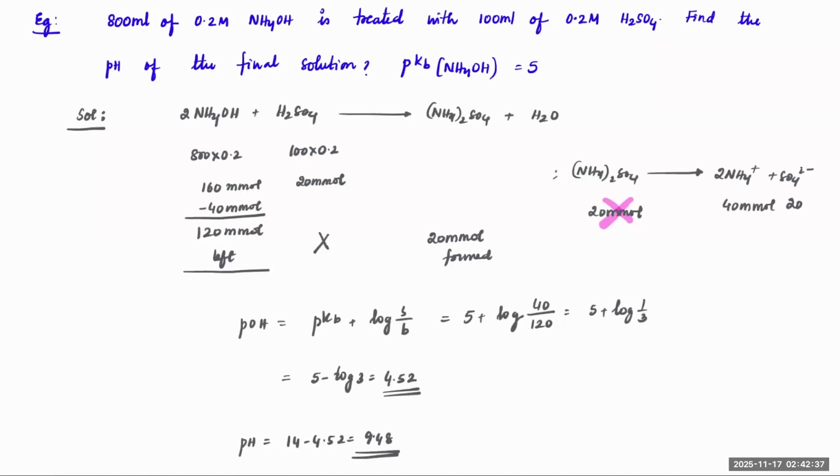These are very basic questions which you need to know how to solve, buffer solution cases, especially for acidic buffer and basic buffer. So right, we'll stop here as far as buffer solutions are concerned.